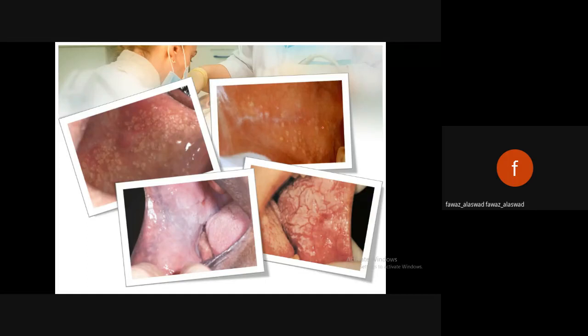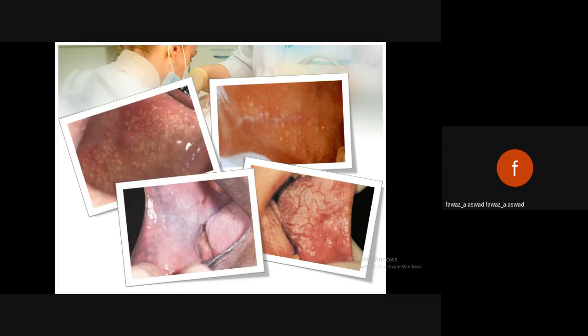The buccal mucosa mostly appears moist and dark pink in color, with no induration, and we could demonstrate the presence of the Stensen duct. This Stensen duct is sometimes identified with or without the presence of the parotid papilla.